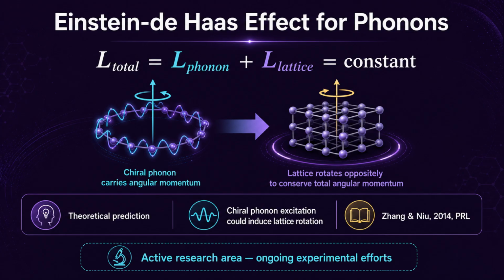This was theoretically proposed by Zhang and Niu in their 2014 Physical Review Letters paper. Experimental demonstrations of a phononic Einstein-de Haas effect remain an active area of research, with ongoing efforts to detect the predicted lattice rotations. The magnitude of the effect depends on the specific material and experimental geometry.